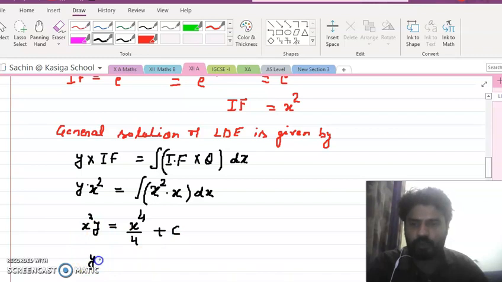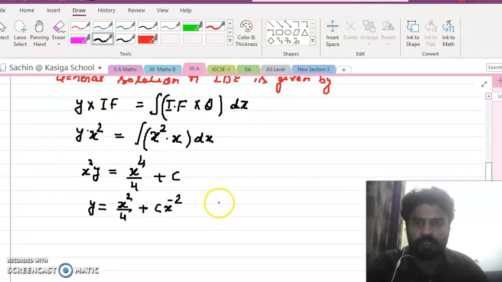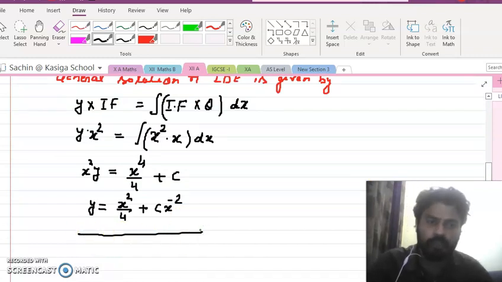So y is equal to x raised to 2 whole upon 4 plus, when c is divided by x square, we get c into x to the power minus 2. So this is the general solution of the given linear differential equation. Thank you.